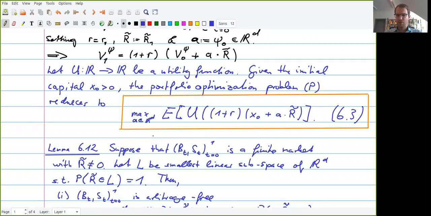So here in orange, our optimization problem. So in order to find an optimizer or maximizer to this problem, 6.3, we only need to maximize over A in L, and we only need to maximize over all A which have a norm less than n0.